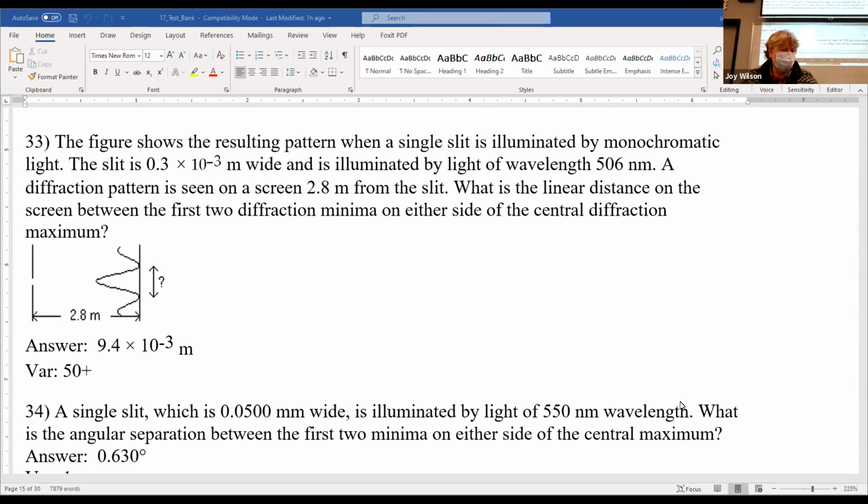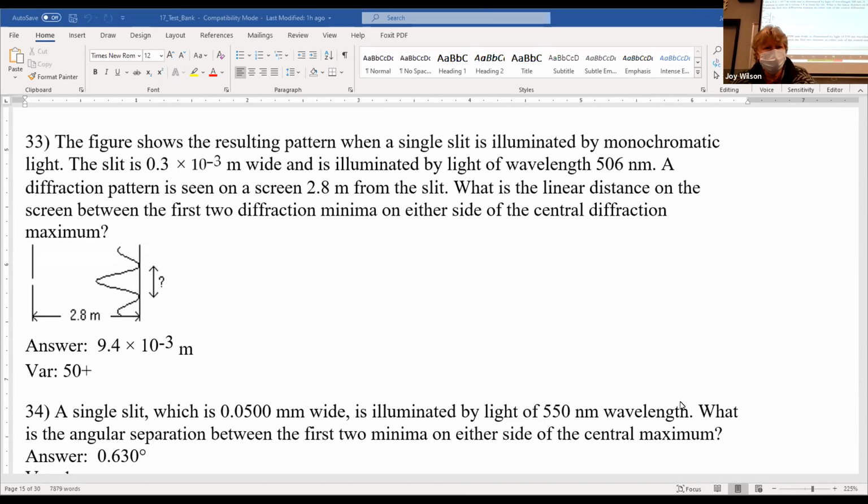So on our first problem up here, we have a figure. The figure shows the resulting pattern when a single slit is illuminated by monochromatic light. That would be one color light.